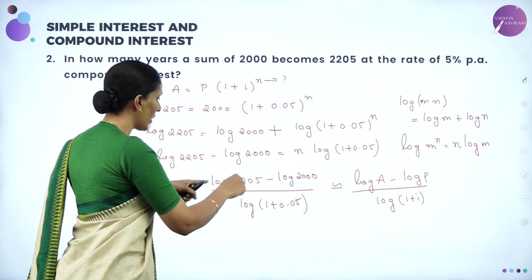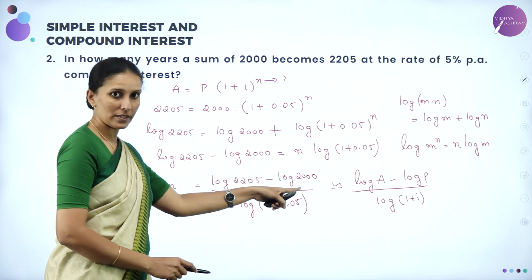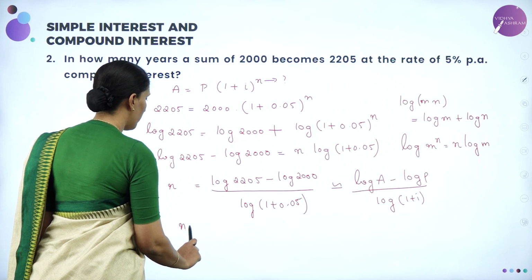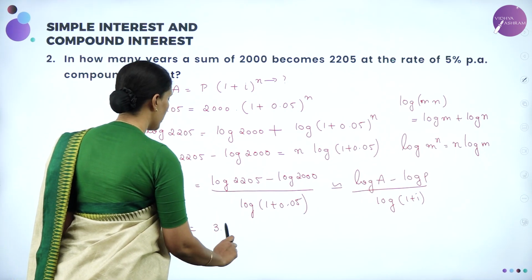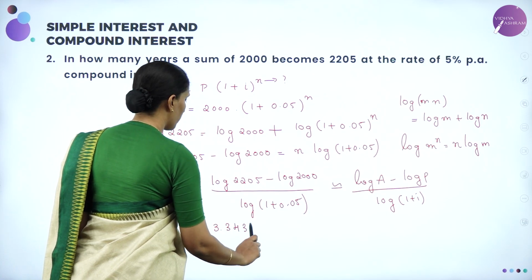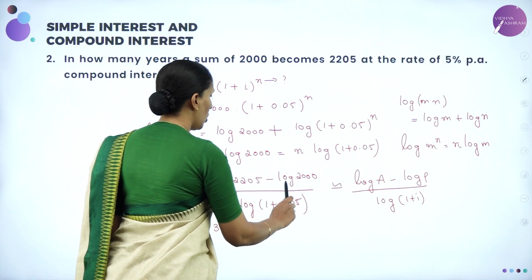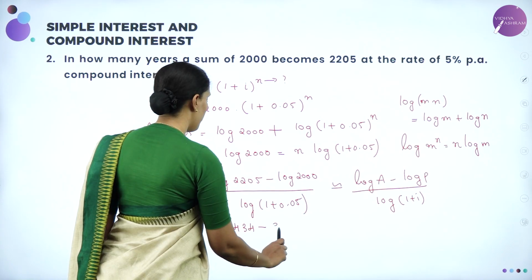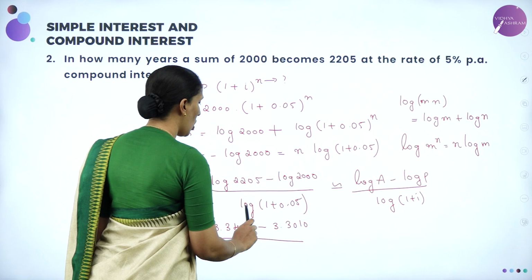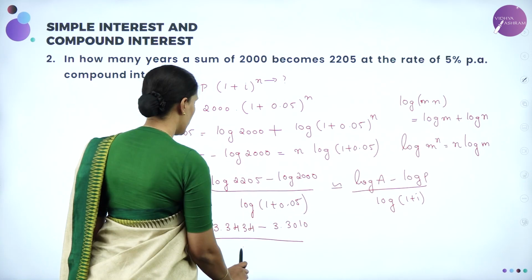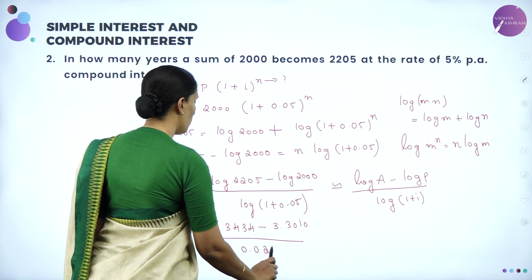Now using the logarithm table, we will find the values here. So now the value of log 2205 is 3.3434. Next, log 2000 is 3.3010 whole divided by log 1.05, 0.0211.